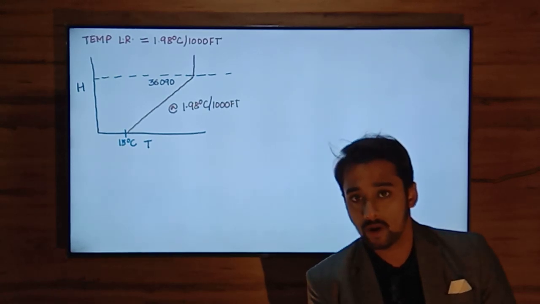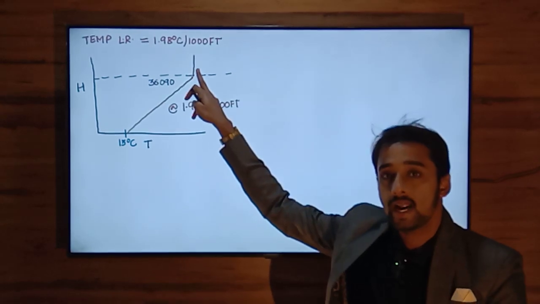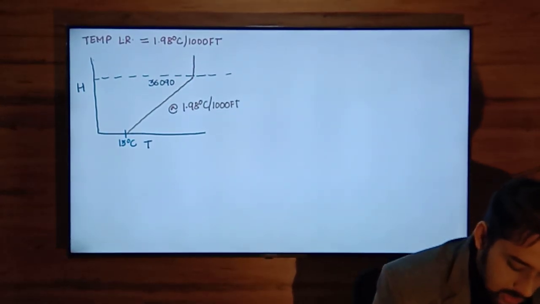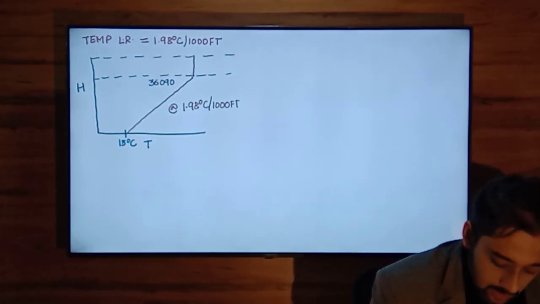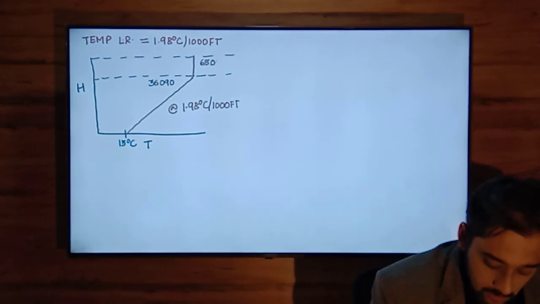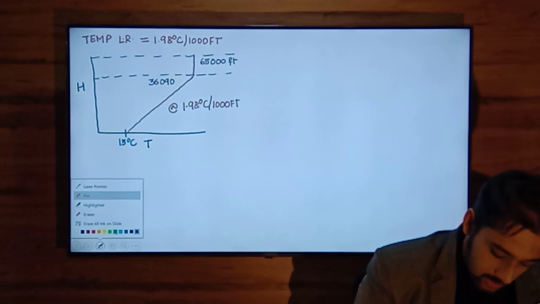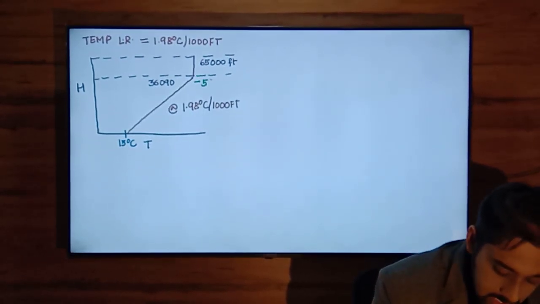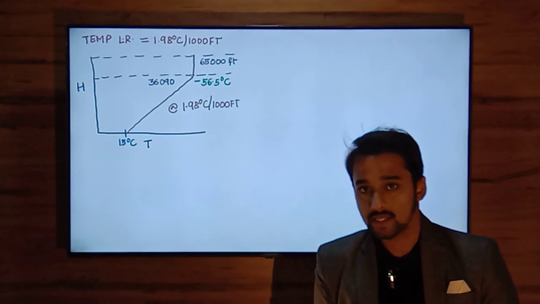Whatever the temperature is at 36,090 feet, that remains constant up to the height of approximately 65,000 feet. And that temperature, which you have to remember, is minus 56.5 degree Celsius.